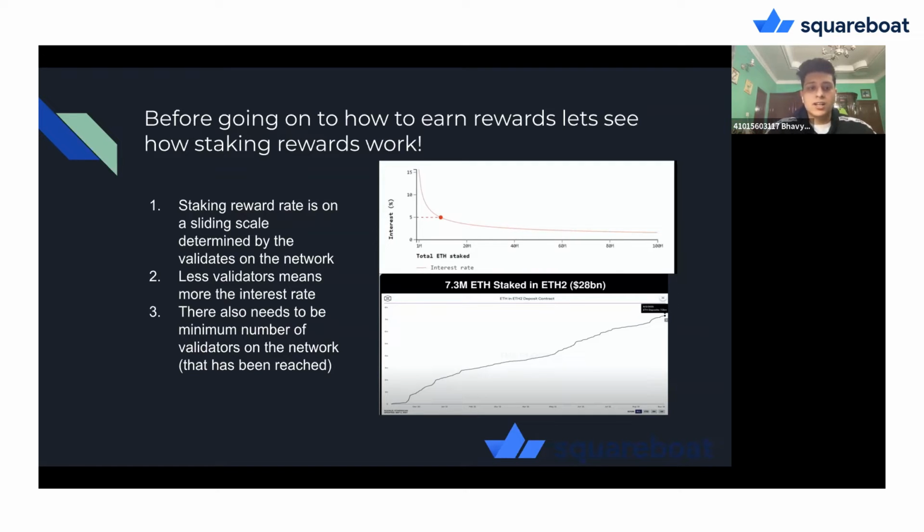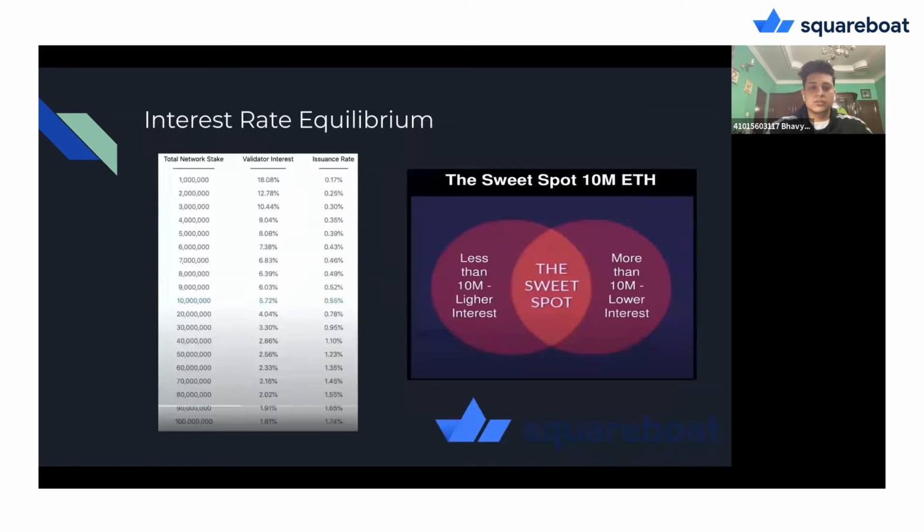But now, as the number of stakers has increased to around 7.3 million, the interest you will receive is just above 5%. If fewer validators are needed, more interest is offered, but that is completed right now, so there's no point talking about that. So this is the interest equilibrium.